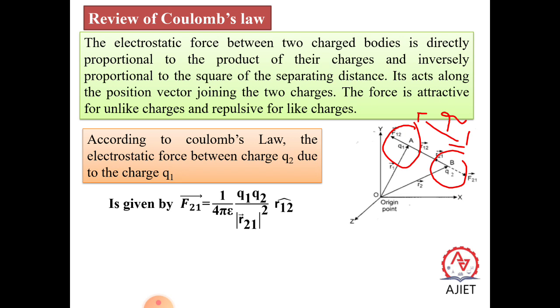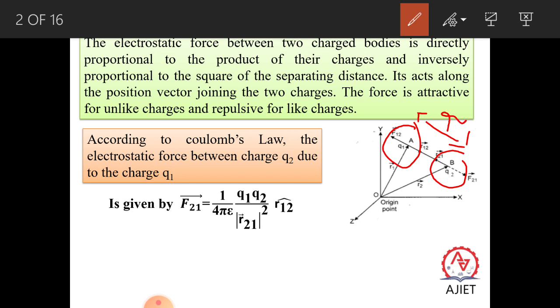Now let us see Coulomb's law in vector form. Let the position vectors for the charges Q1 and Q2 be r1 and r2. The vector leading from Q1 to Q2 can be written as r21 vector, equal to r2 minus r1, or similarly from Q2 to Q1 as r12 equal to r1 minus r2.